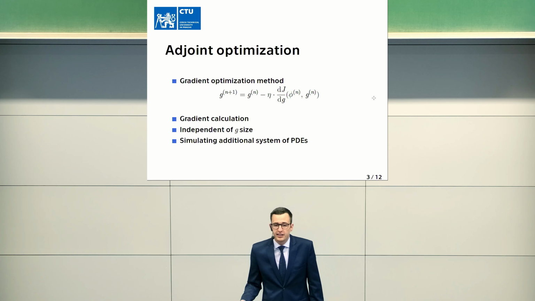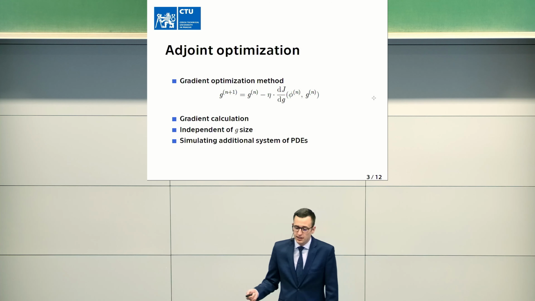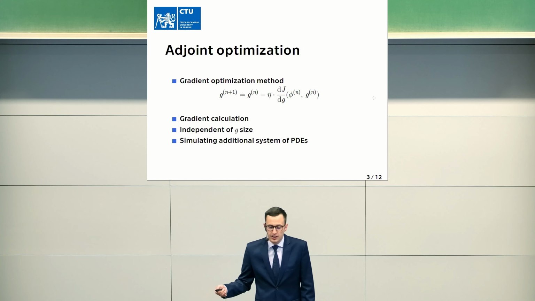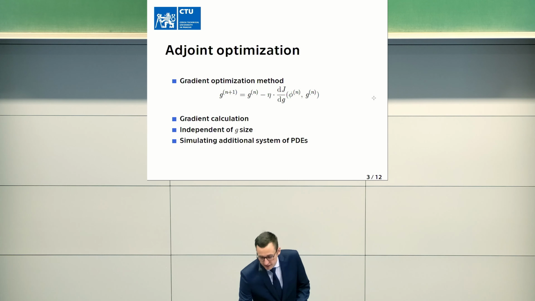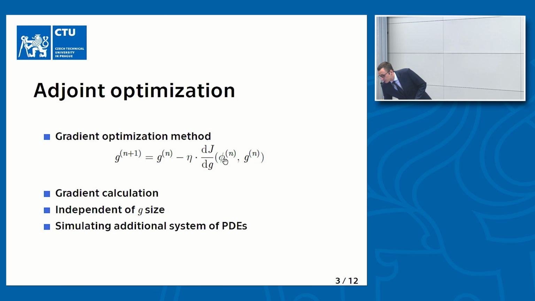All right, so the adjoint optimization method belongs to the family of gradient optimization methods. These methods update the design parameters based on the gradient of the cost function with respect to the design parameters. Typically, getting this gradient is the most challenging and time-demanding task.